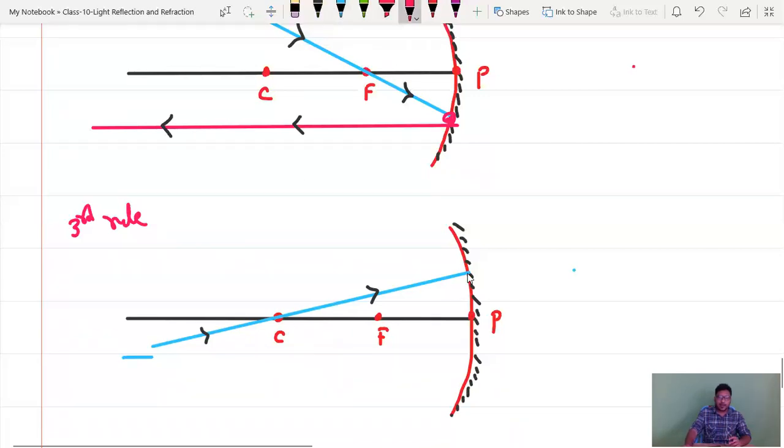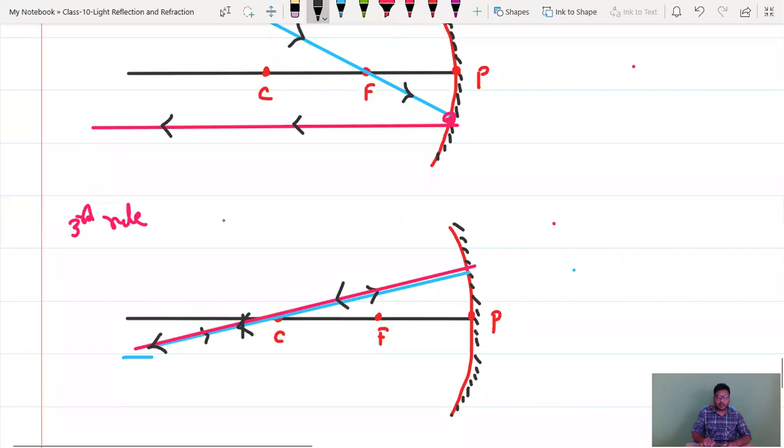Means the reflected ray will be in the same path. So the incident ray and reflected ray will be in the same path.